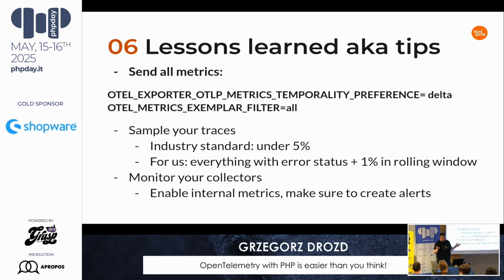And that's not that useful. If you put delta in here, it will send all the values with the timestamps for them. The second setting will tell the metrics to always be sent and not only when the trace is enabled. That makes a huge difference.